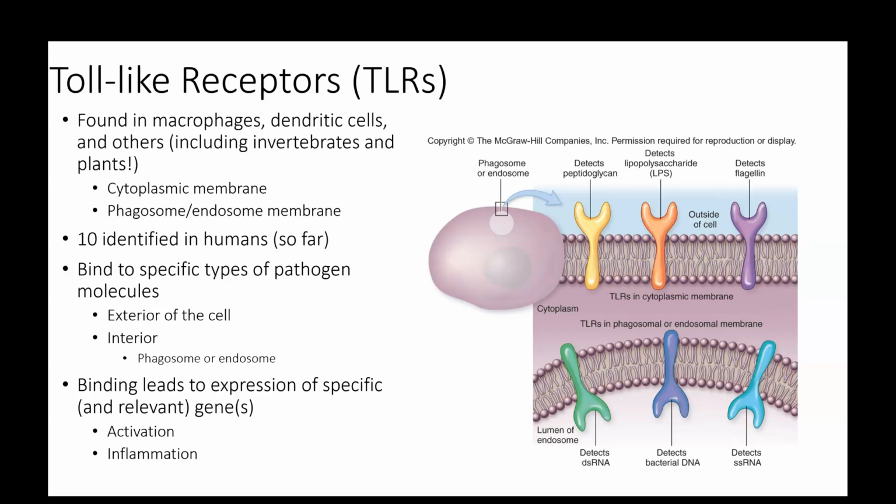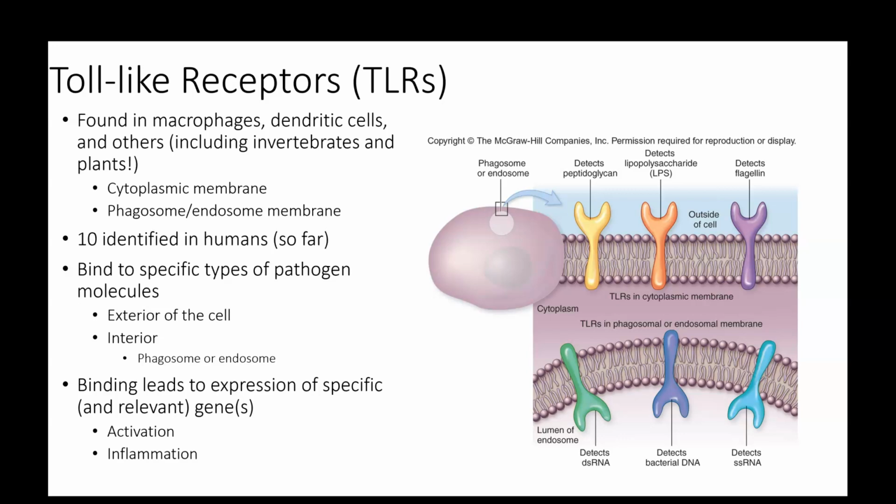This is a category of receptors that are found in macrophages and dendritic cells and some other cells of our immune system. And again, remember, these are very common in most multicellular eukaryotic organisms. I think that's just so cool that we share these pattern recognition receptors with our cousins that are way far removed from us.